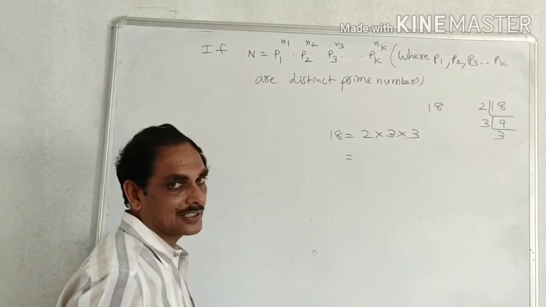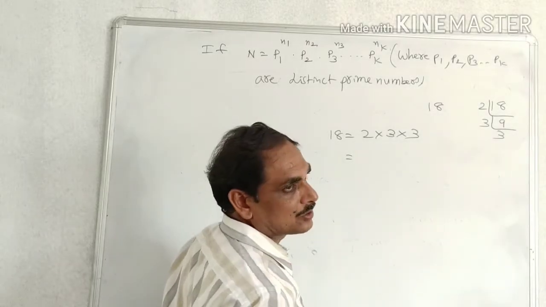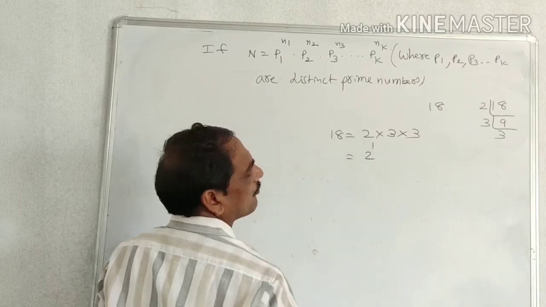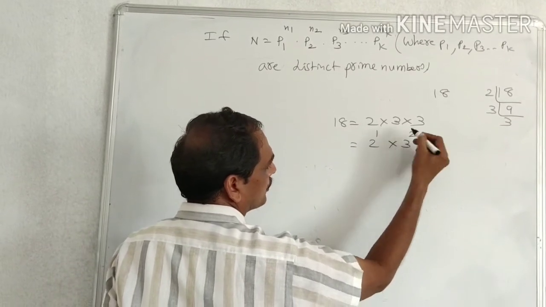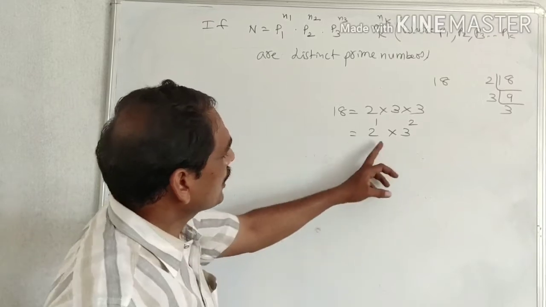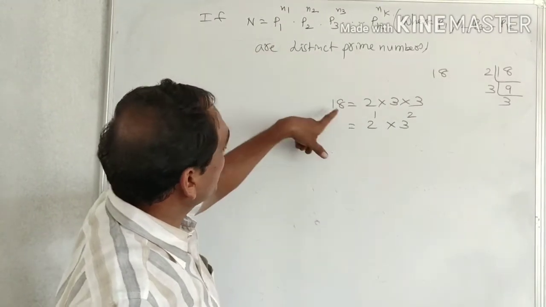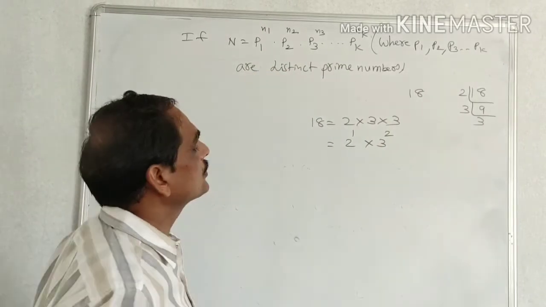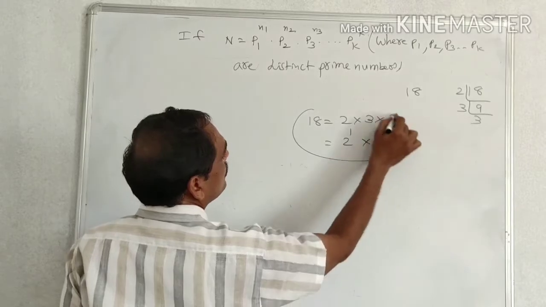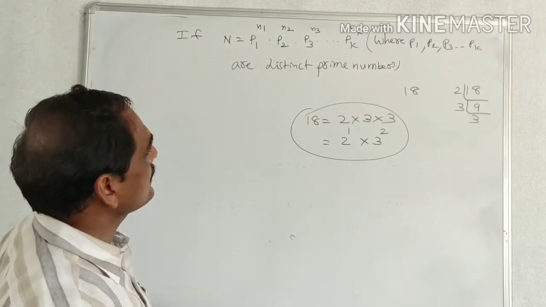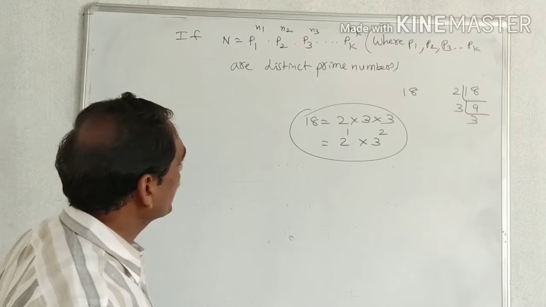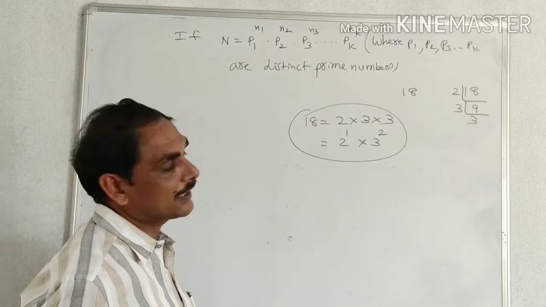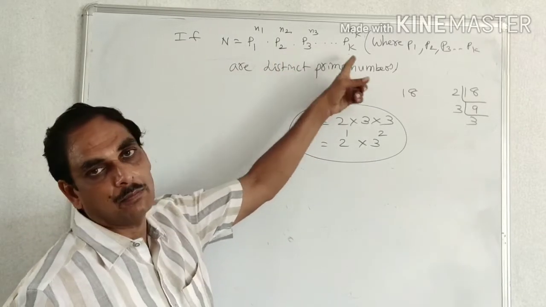Here the distinct primes are 2 and 3. We get 3 two times, so we write 2 power 1 into 3 power 2. Now 2 and 3 are distinct primes and the number 18 can be written as 2 power 1 into 3 power 2. This is the process to write a number as p1 power n1 into p2 power n2 into p3 power n3 and so on up to pk power nk. So first we have to learn how to write a number in this form.